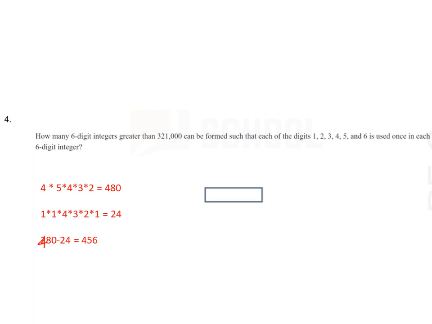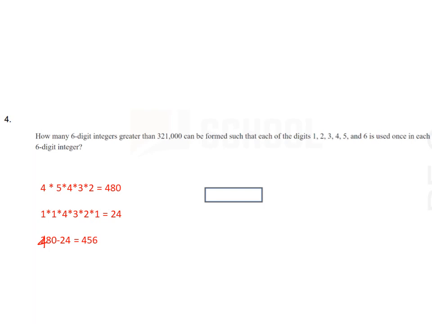Okay, so in the first case, we have 4 multiplied by 5. Why do we have 4? Because we cannot use 1 and 2 in the first place. In case of 3, we cannot use 1 and 2, as using both of these digits will make the integer less than 321000. So we are left with 4 integers.